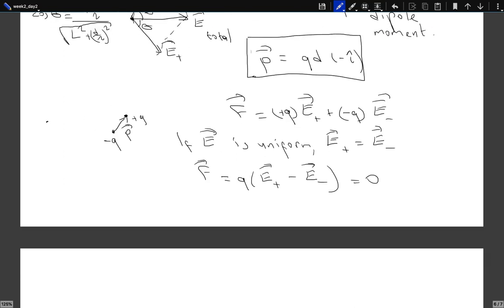So if I put this dipole in an electric field, let's assume that the electric field is always pointing in this direction, and my dipole is pointing in that direction. Well, this plus q charge will feel a force in the direction of the electric field. The minus q charge will feel a force in the direction opposite to the electric field.